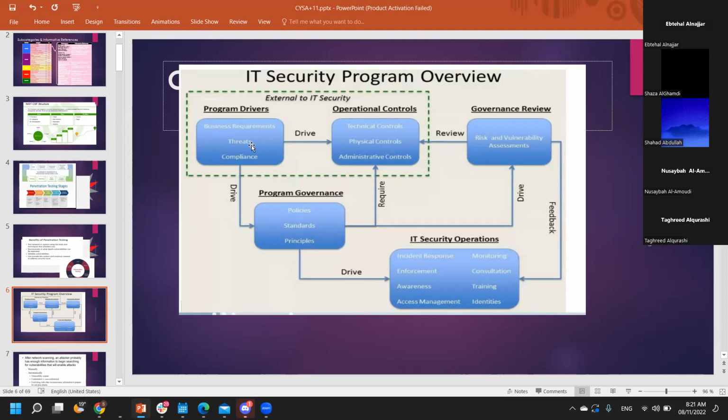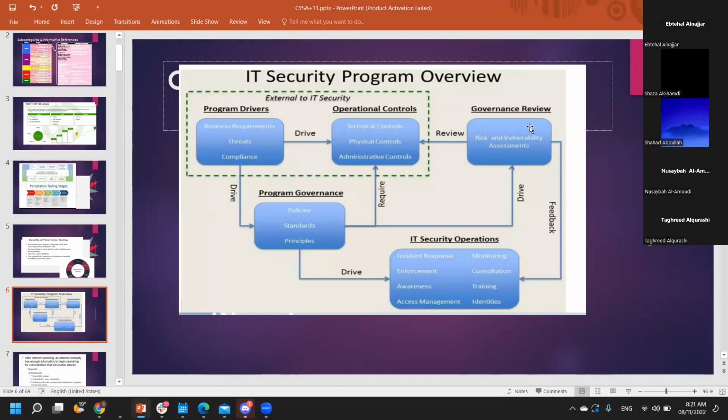You have some compliance or regulator out there pushing you to protect the company assets, the nation assets, and also your customer assets. So you have emerging threats, the APT, the nation state, the hacktivism. These are advanced threats. So we all have this in mind, and it will drive us to implement some technical controls, some physical controls, and some managerial controls.